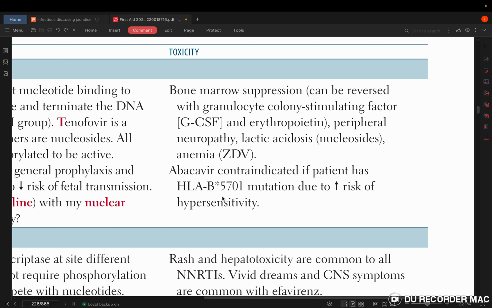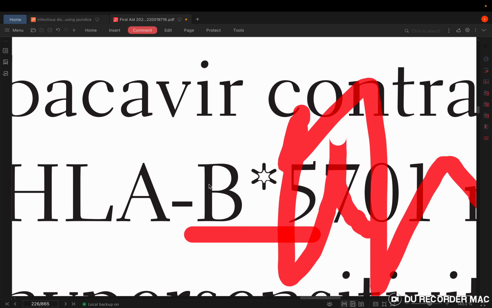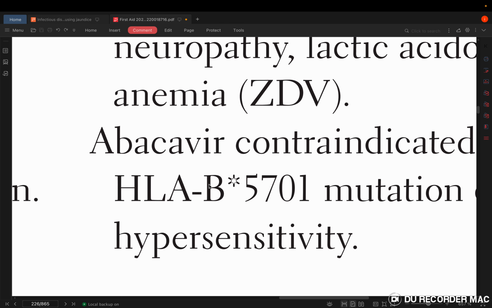A lot of people are saying 2, I don't understand why. I told you guys, we never care about the number. We only care about the letter. It has one letter, so it's MHC class 1. If it was two letters, it's MHC class 2.